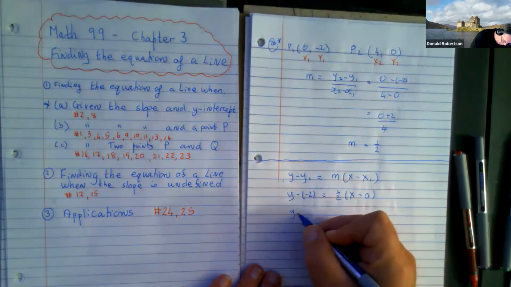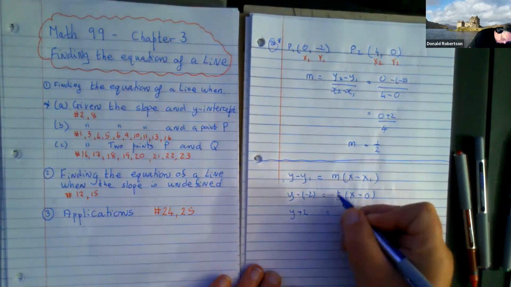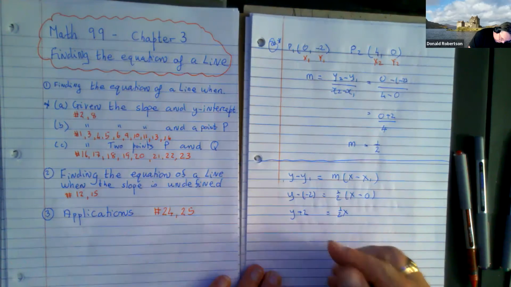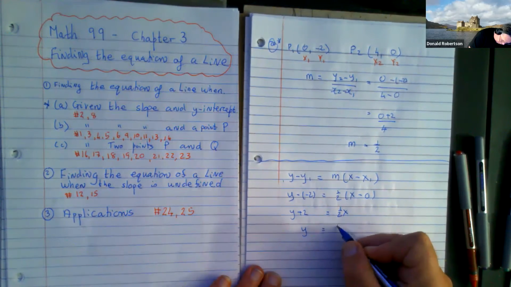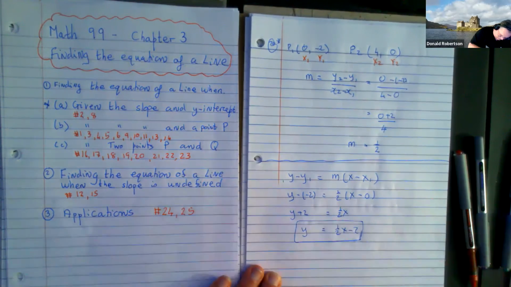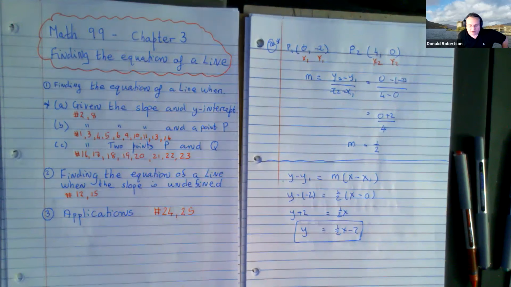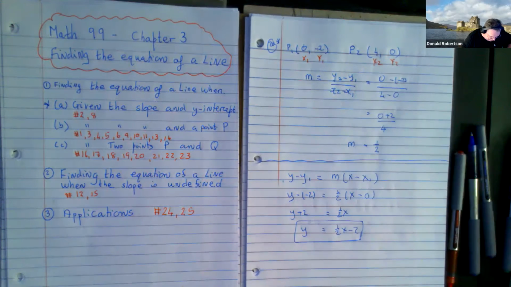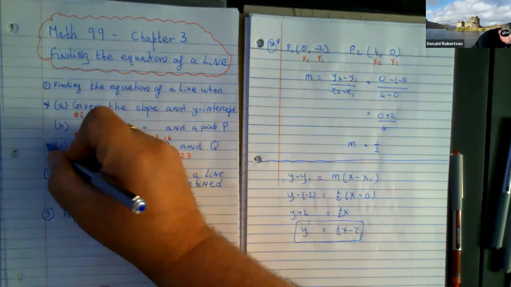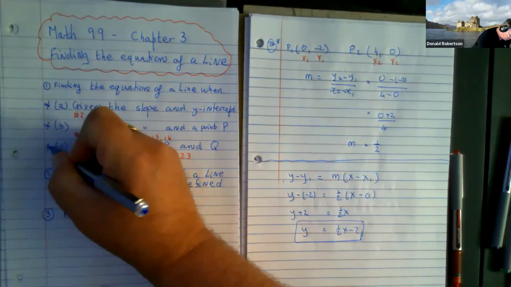So that's going to be y add 2, distribute the half times nothing is nothing, and then subtract 2 from both sides. And we are finished. We now know how to find the equation of a line if you are given the coordinates of 2 points. And that essentially takes care of that one. We've already done that one.